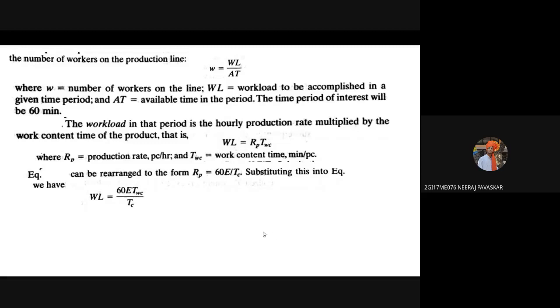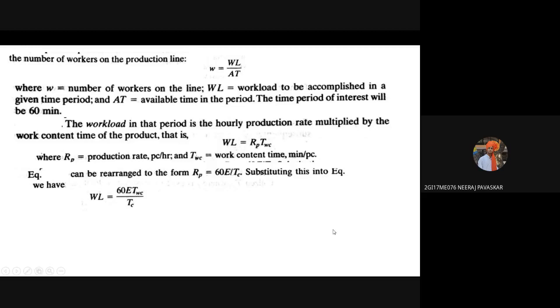If you consider the second equation that you have written down, TC is equal to 60 into E upon RP. If you rearrange that equation, you can write it as RP equals 60 into E divided by TC. Just rearrange that and you get RP equals 60 into efficiency, that is line efficiency, upon cycle time TC.